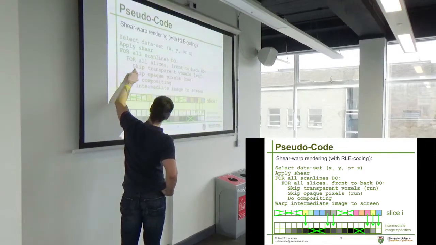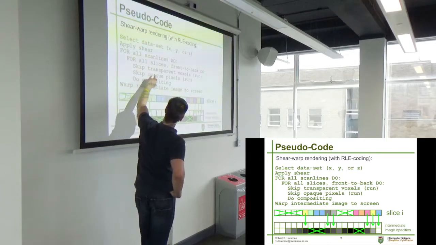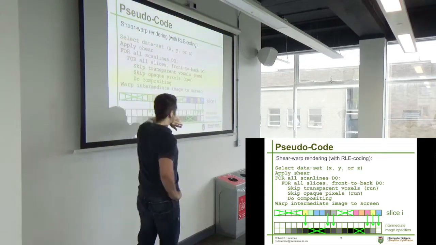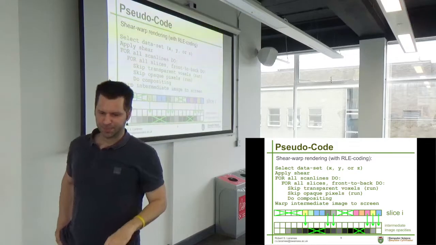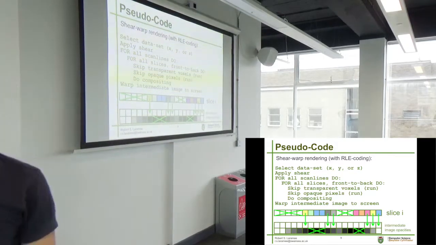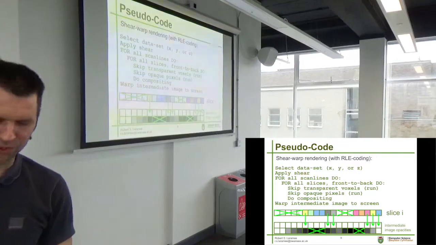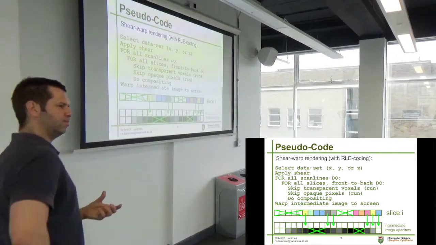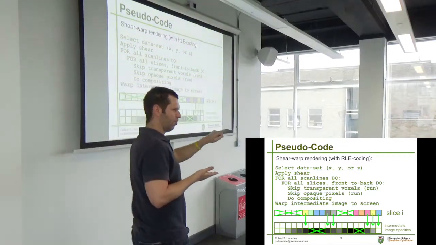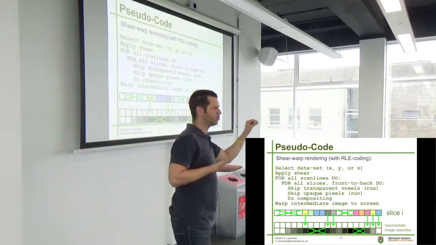And here's the compression: skip transparent voxels. In this image, these are transparent voxels, and we can skip them. In other words, we don't have to sample them. Remember those rays going into the volume and collecting samples?